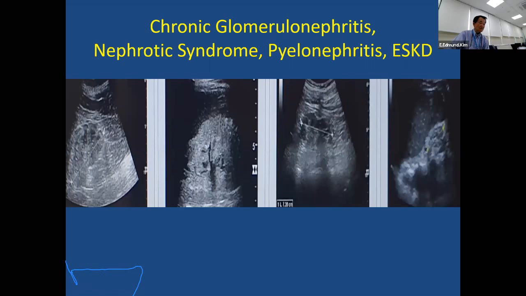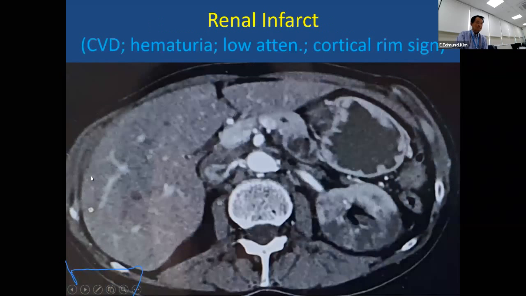Yeah, it's a chronic glomerulonephritis, and usually the cortex is narrow and the kidney is small here. And infarct sometimes makes a mass, but usually it's wedge-shaped because it spreads through the arterial flow. So it's a sort of filling defect.